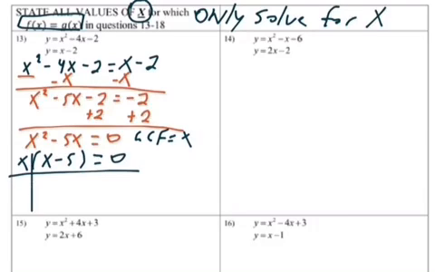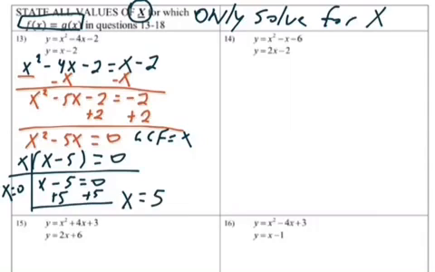Make a t-chart and solve. X equals 0. X minus 5 equals 0. So add 5 to both sides, and x equals 5. Now again, I forgot to do the very first step of getting the solutions on the calculator first.